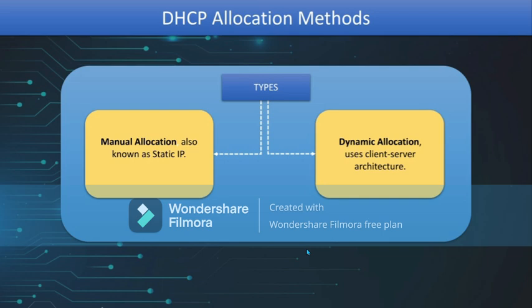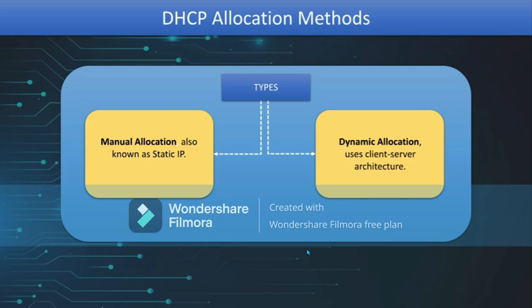In manual allocation, every time we need to enter the IP address, subnet mask, and gateway address manually. This process is called manual allocation. With dynamic allocation, the server assigns the IP automatically.